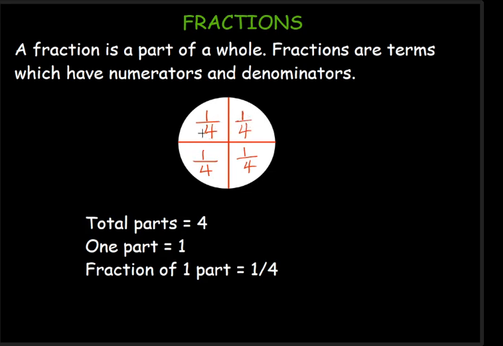So if you add the fraction of the four parts together, it will still give you one whole circle. So a fraction is a part of a whole. Remember the terms, numerator and denominator.